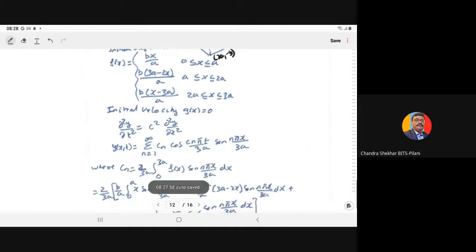The wave equation, we know, is d2y upon dt2 is equal to c square d2y upon dx2.